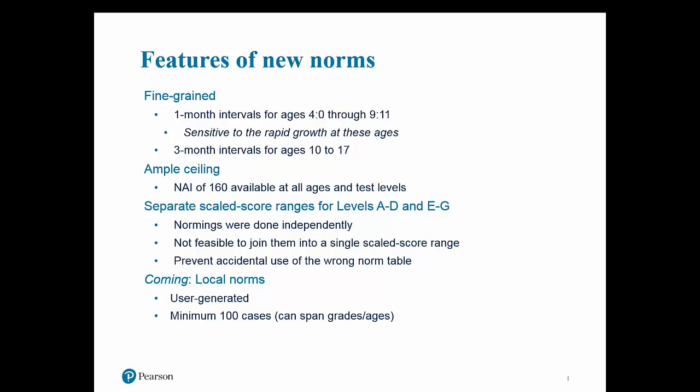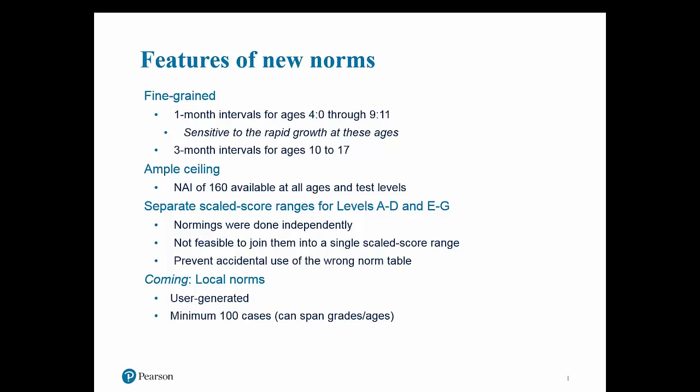So just to summarize what we obtained as a result of the norming and the renorming, a new feature of the NNAT 3 norms is that up through age 9, in the levels A through D norms, the norms are reported in 1-month intervals. That's to be more sensitive to the relatively rapid rate of growth in performance on NNAT at the younger ages.